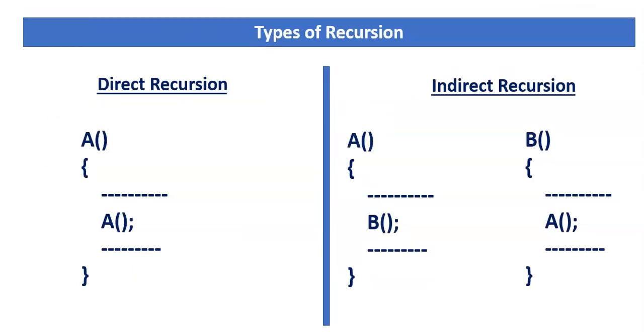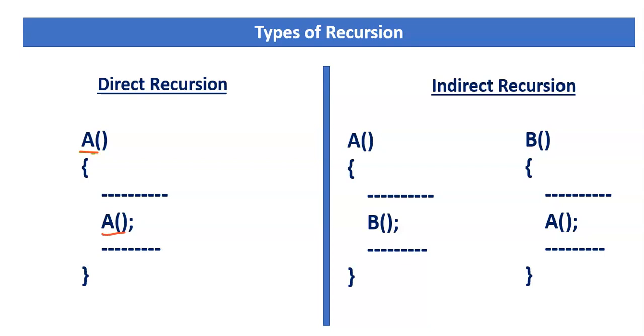Now we see types of recursion. There are two different types of recursion: direct recursion and indirect recursion. What is direct recursion? Now see here, there is a function A, and in the A function code at one point of time it is calling itself.